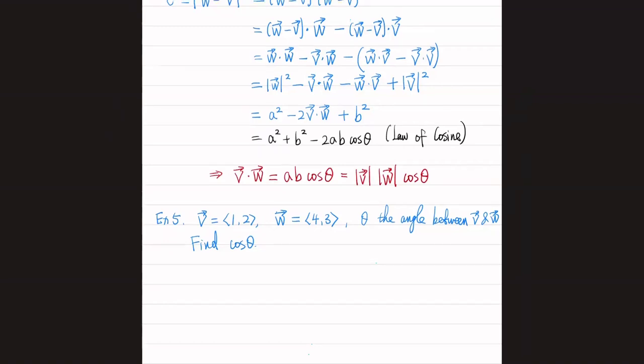Let me graph this. (1, 2): x is 1, y equals 2 over there. (4, 3). This is v. This is w.